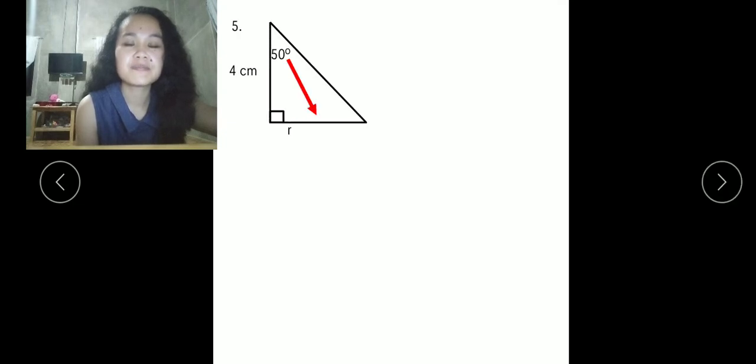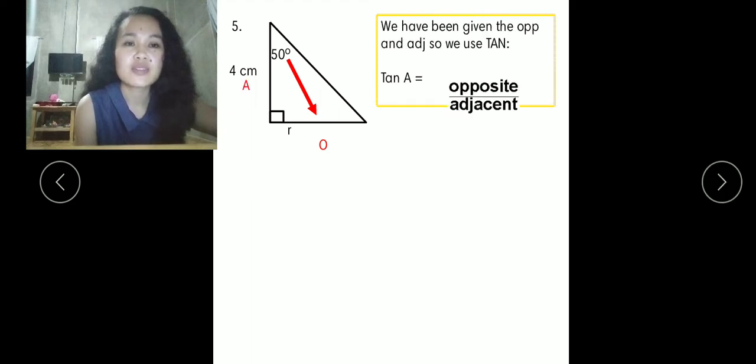Another example. We need to find the value of side R. Identify the given. The theta is 50 degrees, the adjacent is 4 centimeter, and we need to find the opposite, which is R. Since we have been given the opposite and adjacent, we use tan.